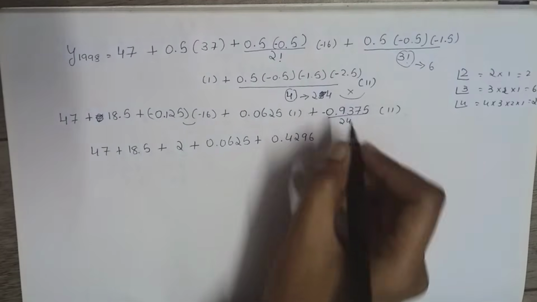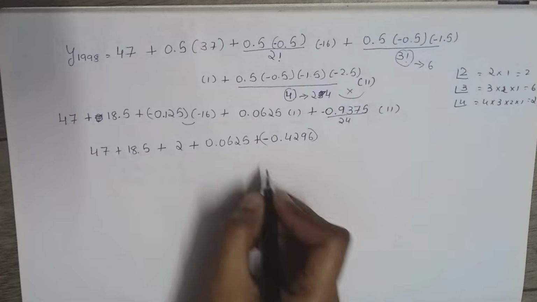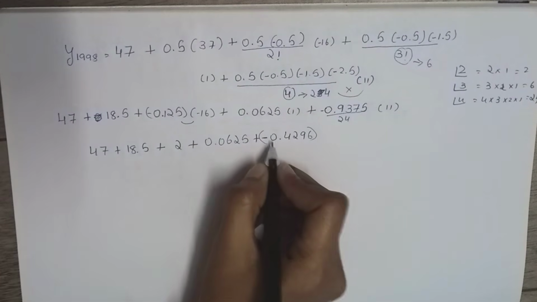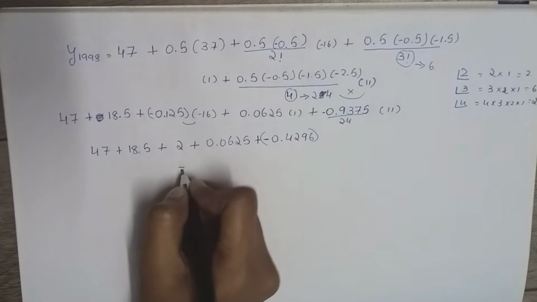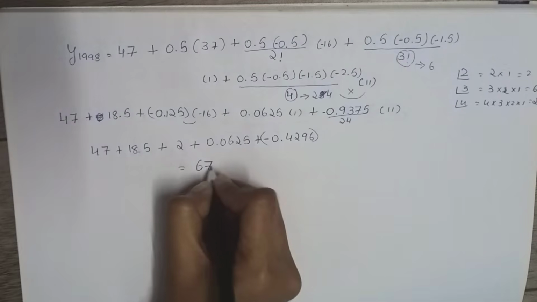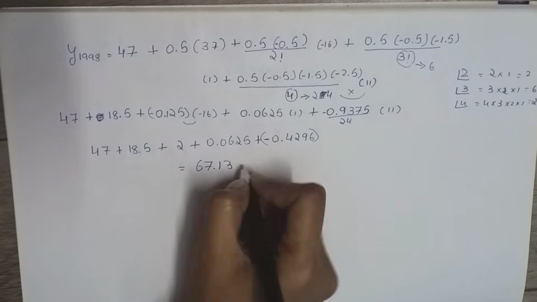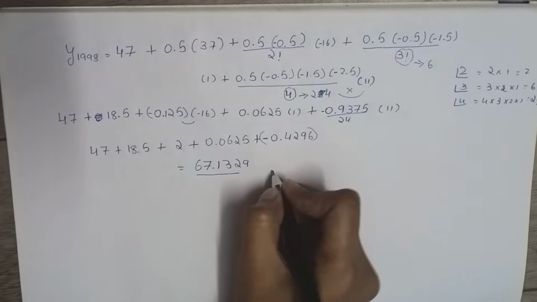So here we got the answer as minus, so we need to subtract that last part. First we'll add, then subtract. So 47 plus 18.5 plus 2 plus 0.0625 minus 0.4296. The answer we get is 67.1329.